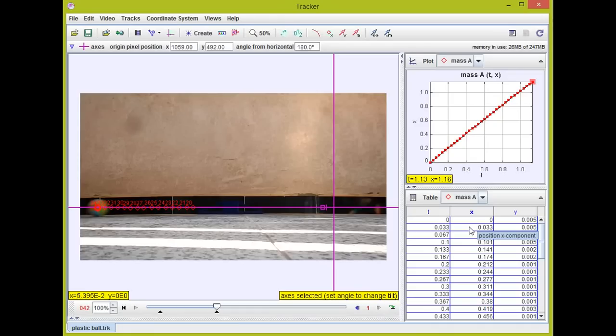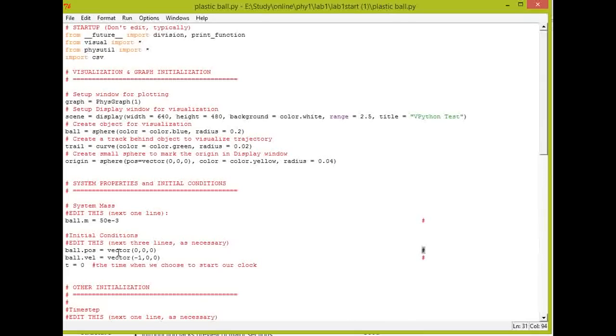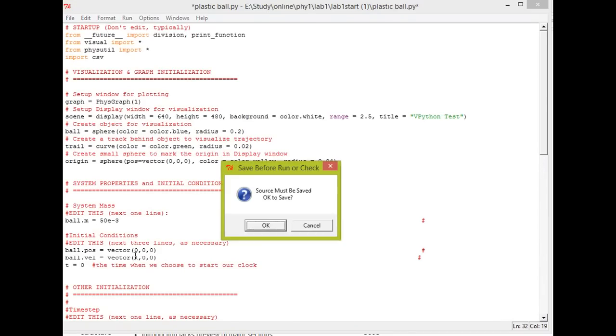It was negative in the beginning, but now we notice that it's all positive. And if we calculate the velocity again, we find that it's +1 instead of -1, and then we go to Python, we change that here, we make it 1, and then we run the program to see the results.